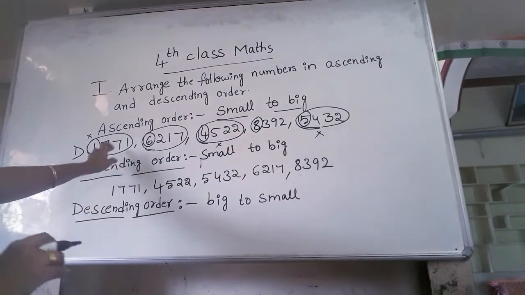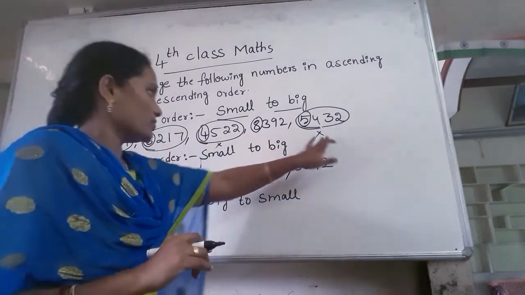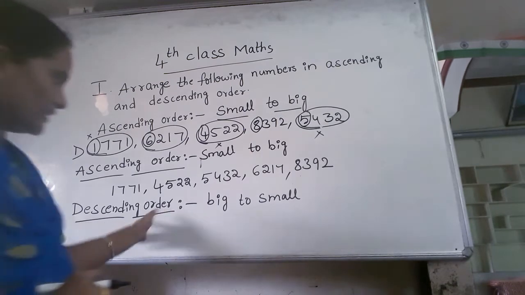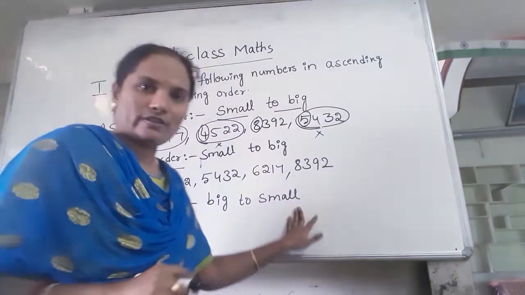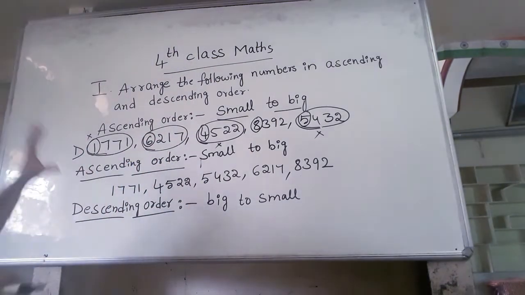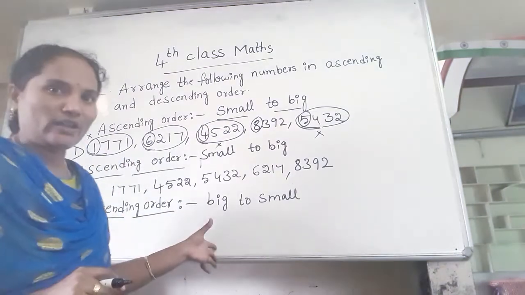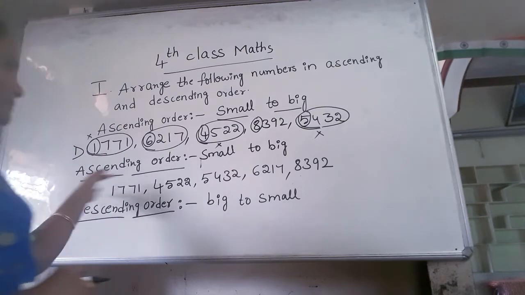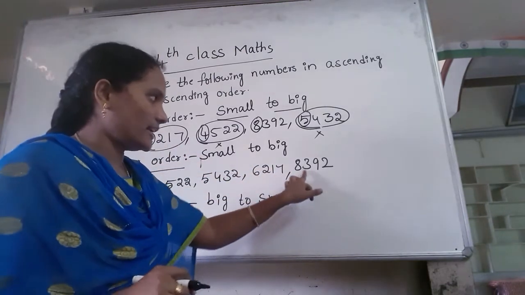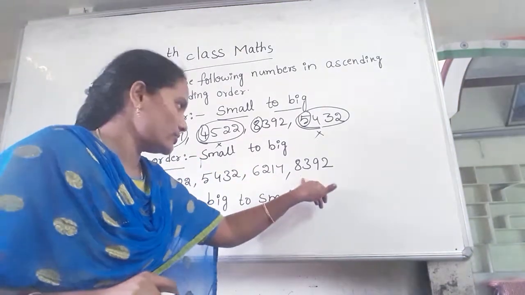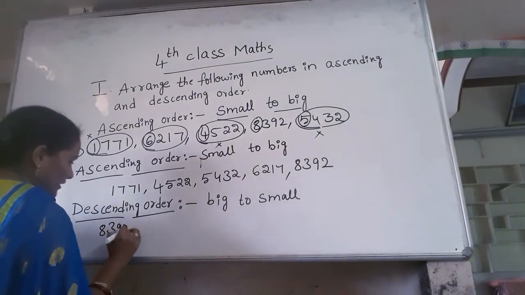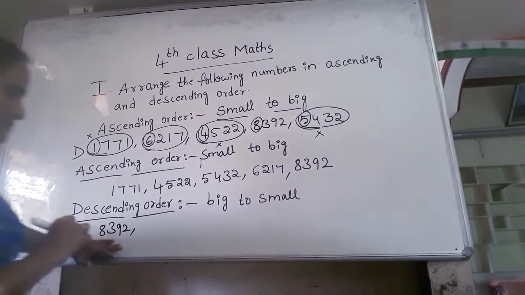Now here are the numbers. You should write in descending order, big to small. You already checked. What is the big number? What is the small number? Your first greatest number is what? What is the big number? 8392. You first write 8392. This is the first big number.